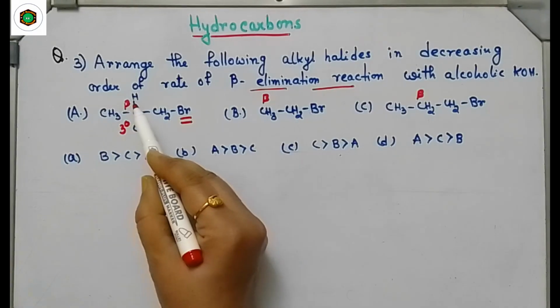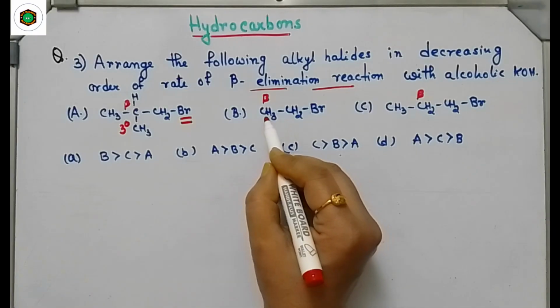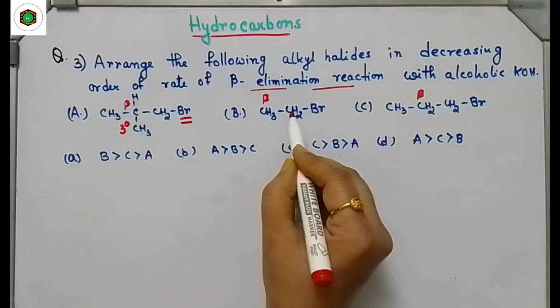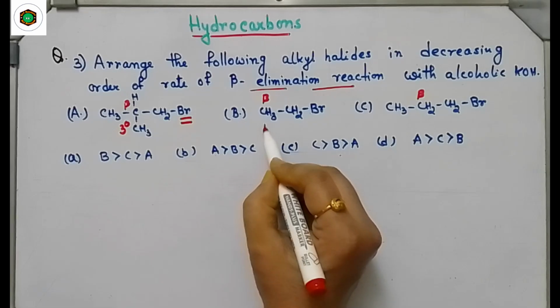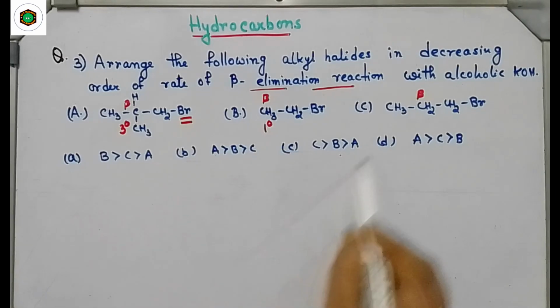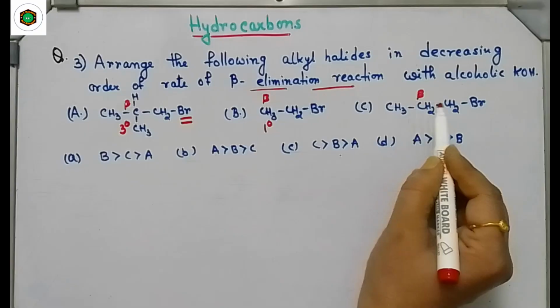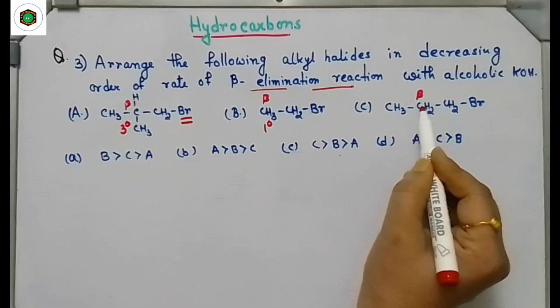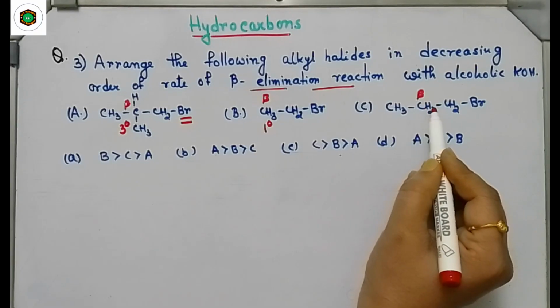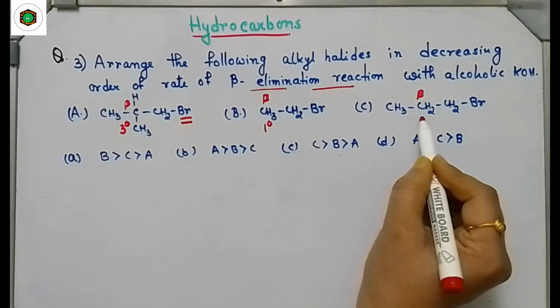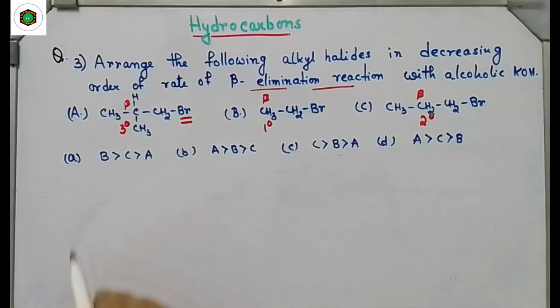carbon from where beta hydrogen is eliminated. This carbon is attached with only 1 carbon. This is primary carbon from where hydrogen will be eliminated, and with this carbon 2 more carbons are there. Therefore this carbon is secondary carbon and these hydrogens are secondary hydrogen. So the hydrogen which will be removed is secondary hydrogen.